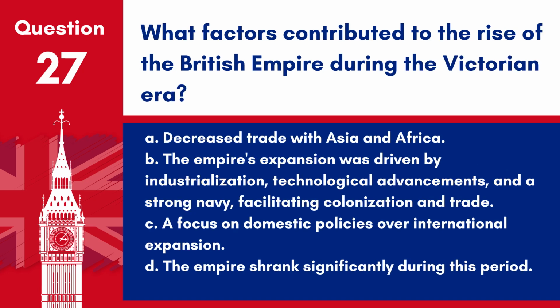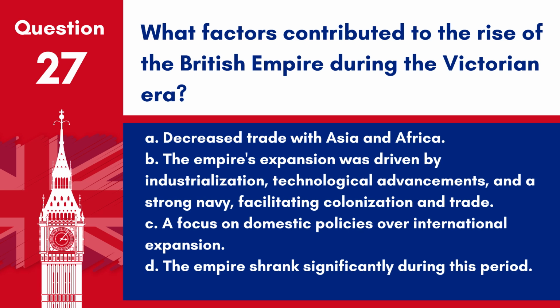Question 27. What factors contributed to the rise of the British Empire during the Victorian era? A. Decreased trade with Asia and Africa. B. The empire's expansion was driven by industrialization, technological advancements, and a strong navy facilitating colonization and trade.